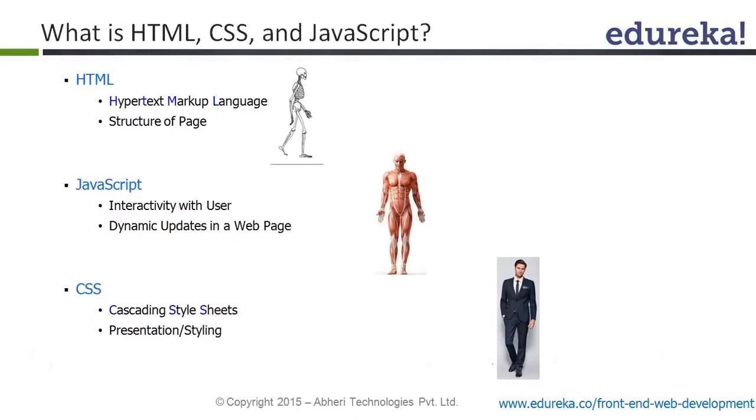So these are the fundamental roles played by HTML, CSS, and JavaScript. This is very fundamental, and you need to understand what each one is capable of doing. Since HTML is for defining the structure of the page, you have to use HTML strictly for that.